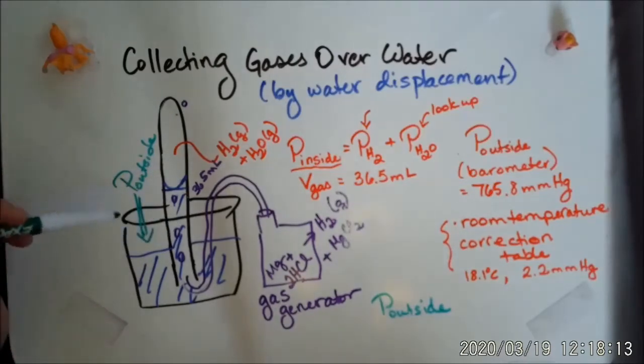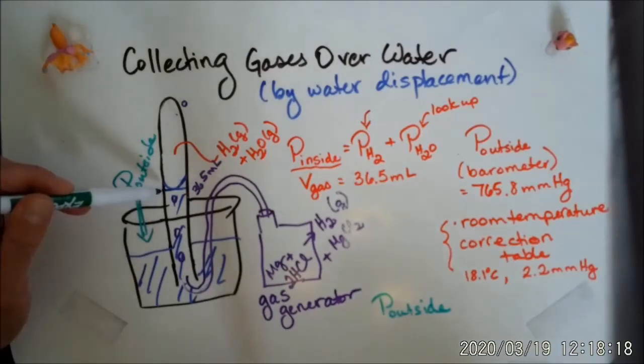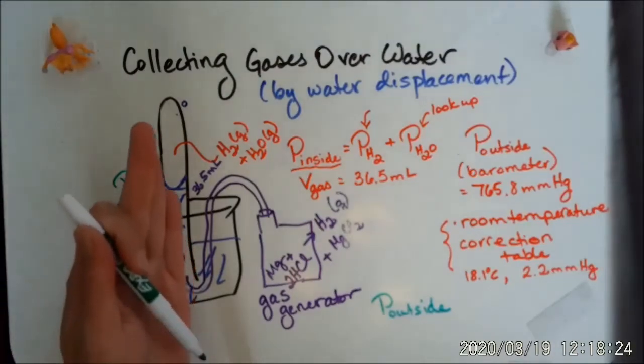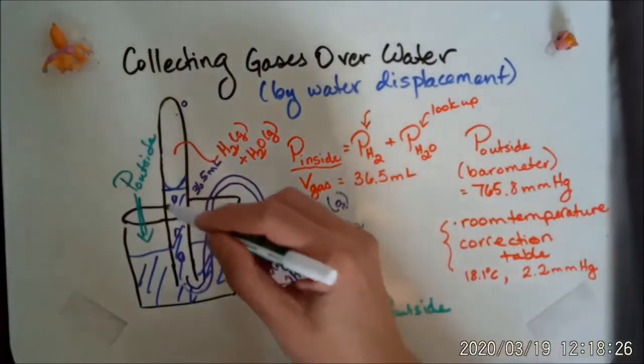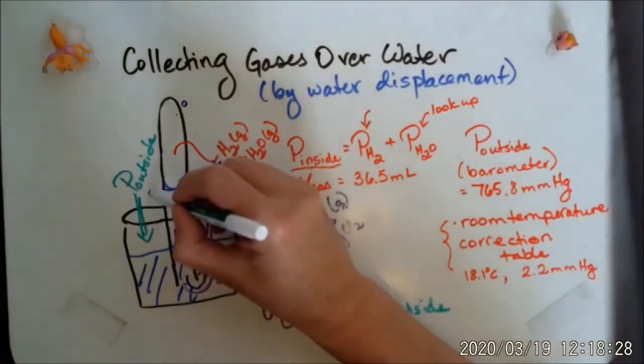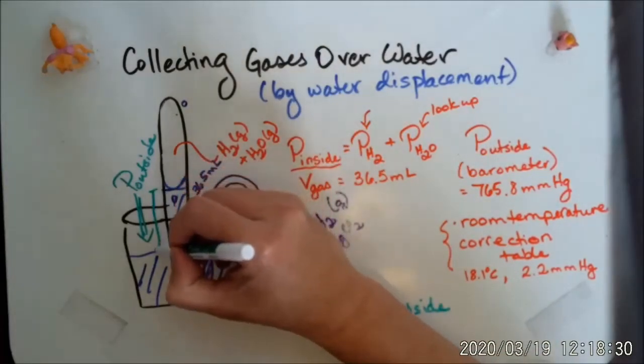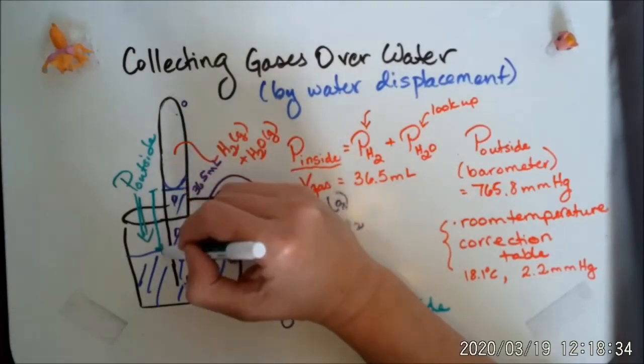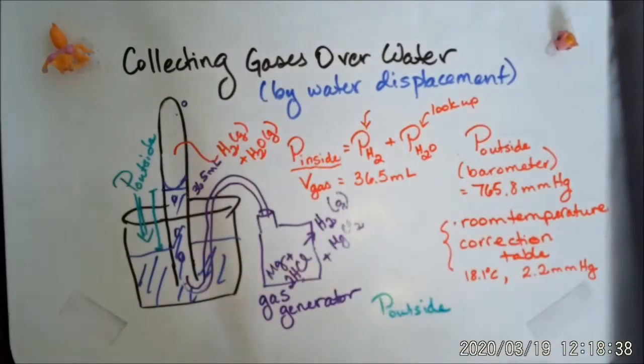But in this case, when we're collecting gases, the pressure inside, if you see that this is higher, that means my pressure outside is strong enough, it's pushing more liquid up here. So how do we know what that pressure inside is? That pressure inside, this is P inside, plus this height in millimeters mercury is equal to the pressure outside.